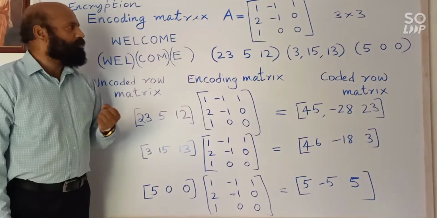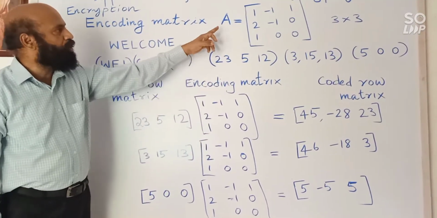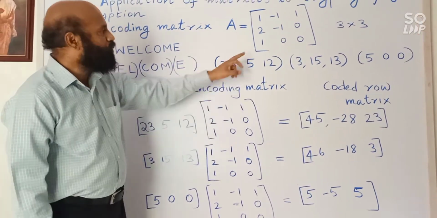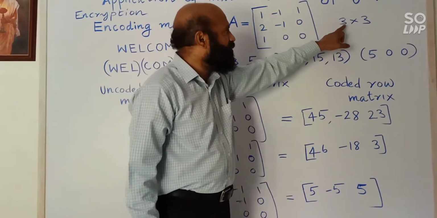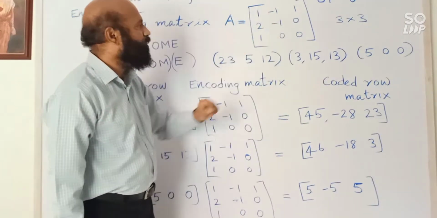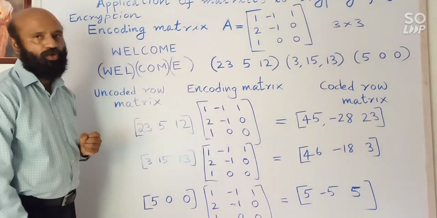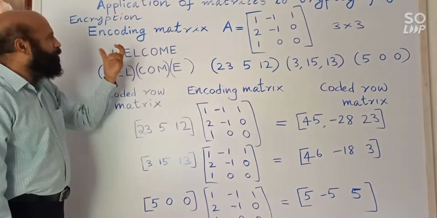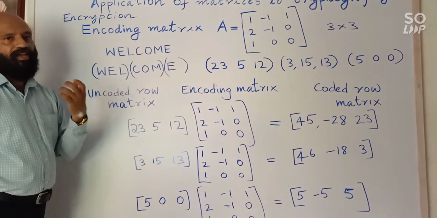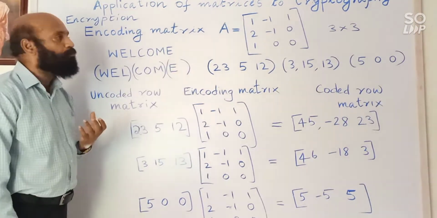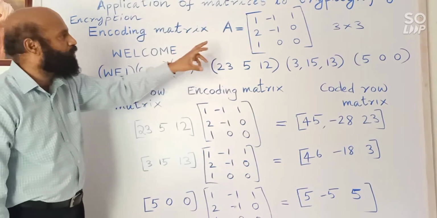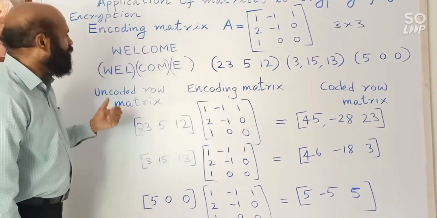We have to select a non-singular matrix of our own choice. So we have selected a 3 by 3 square matrix of our own choice. Here encryption depends on a key. Here the key is the post multiplication by a non-singular matrix.